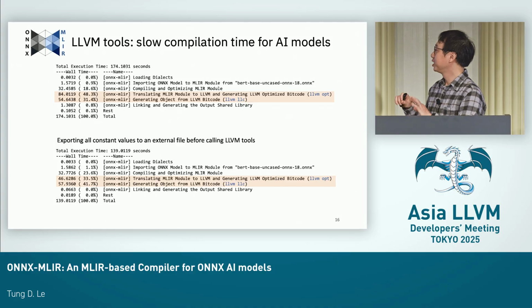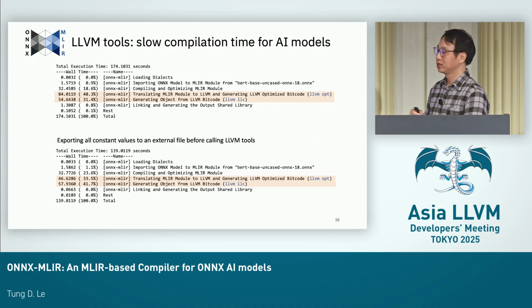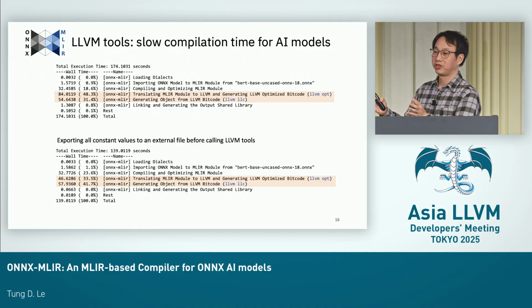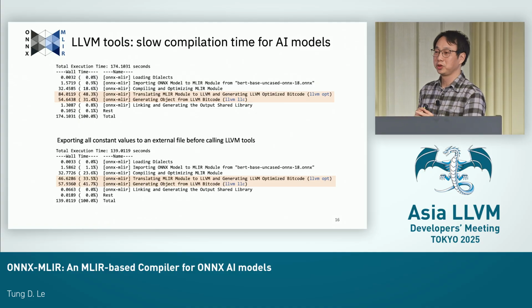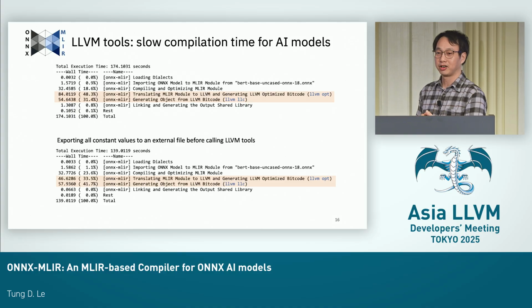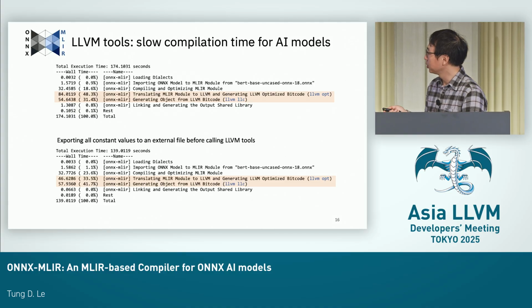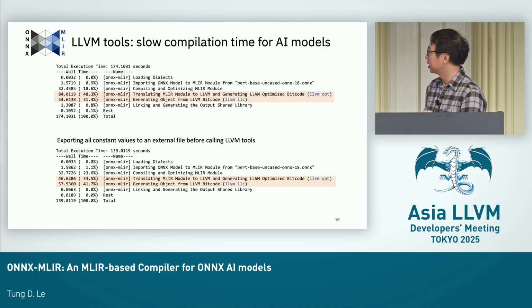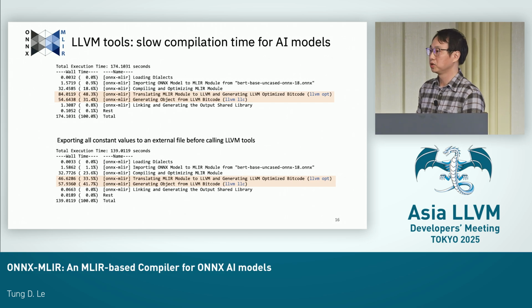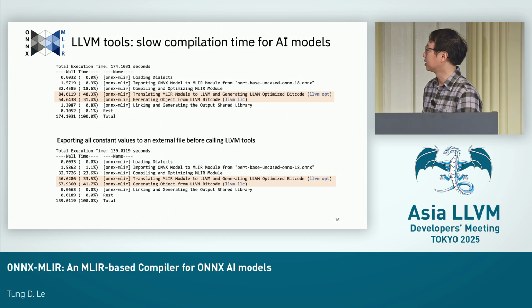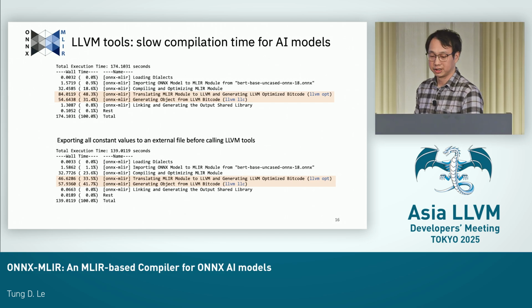So we tried exporting all the constant values to an external file before calling the LLVM tools. Of course, we know we will lose some optimization about the constants, but we can see that LLVM OPT is much faster. It's 2 times faster. But finally, they are still slow and consume a lot of time during the compilation.